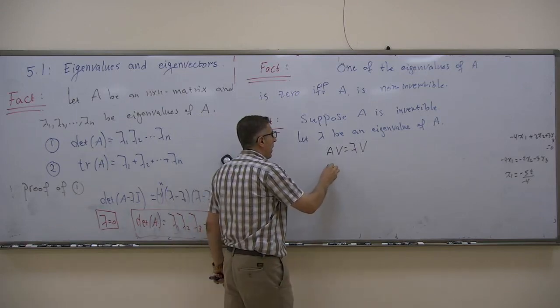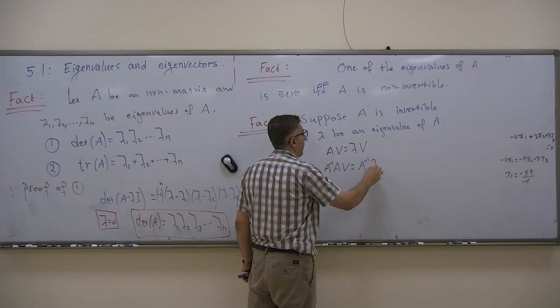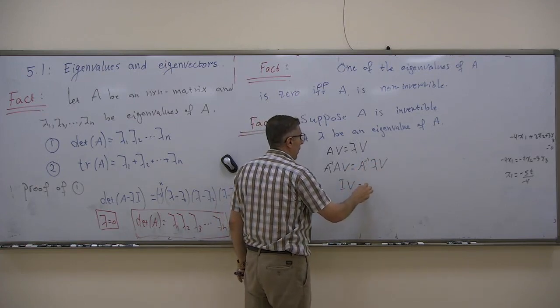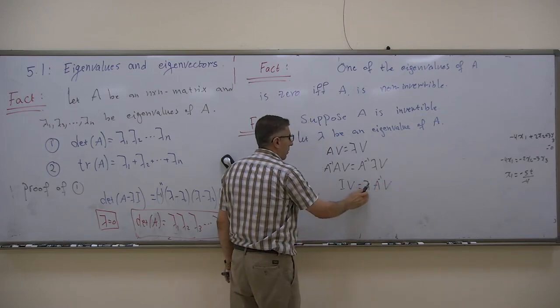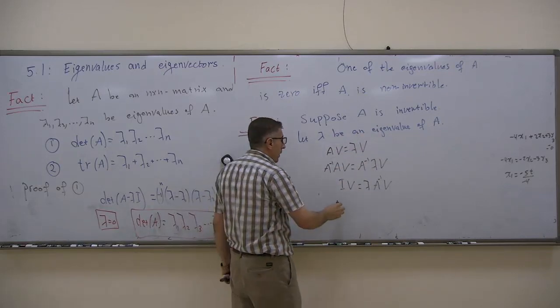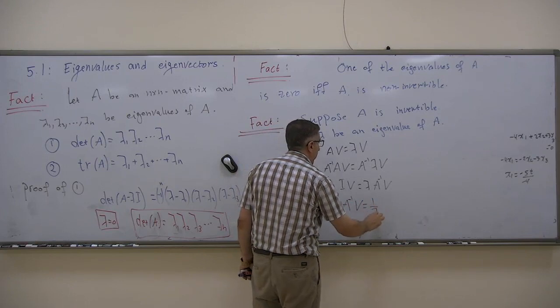This means A inverse A V equals A inverse lambda V. Now, this means identity times V is lambda A inverse V. Now, divide by lambda. Lambda is not 0 because A is invertible. So this means A inverse V is 1 over lambda V.